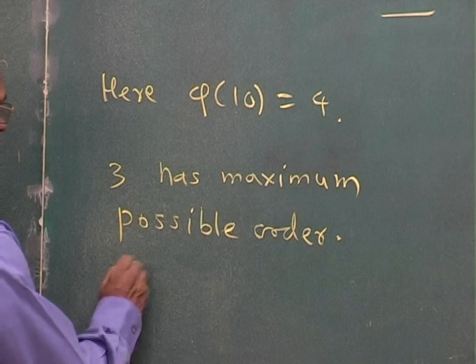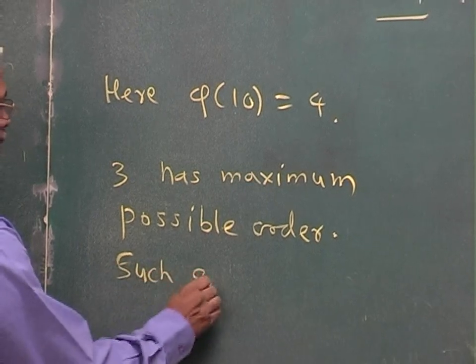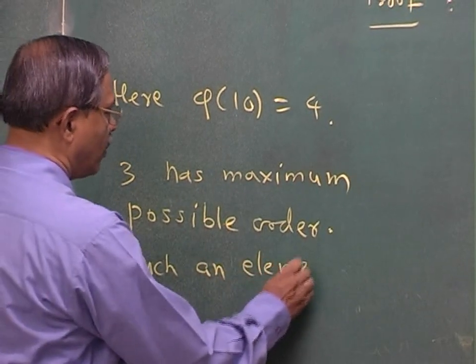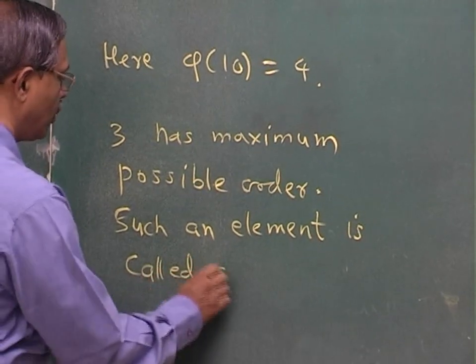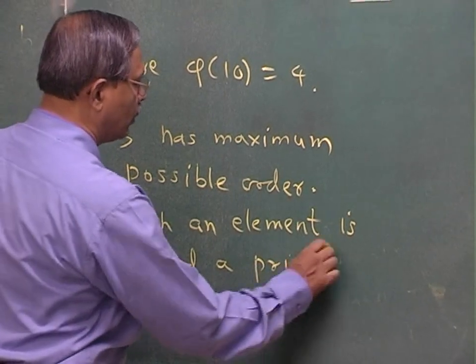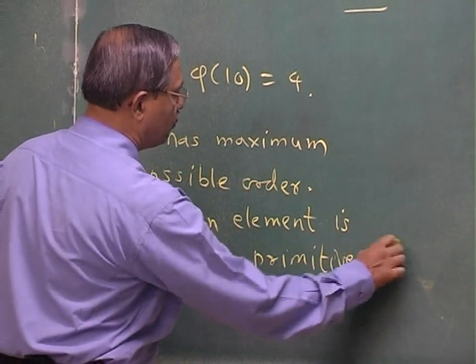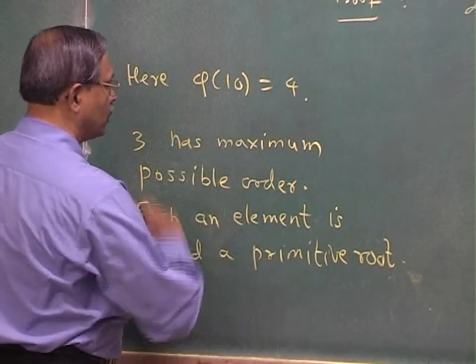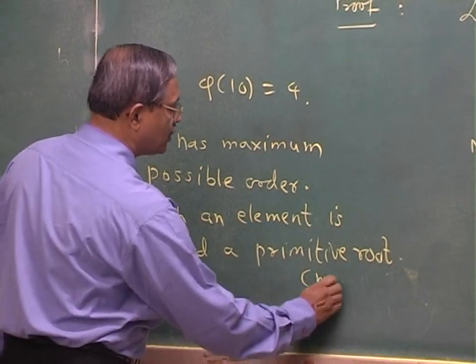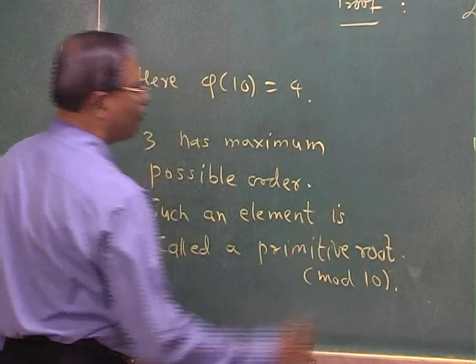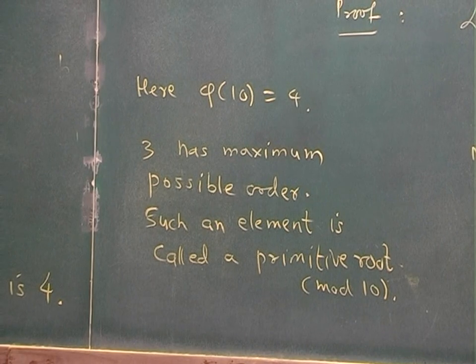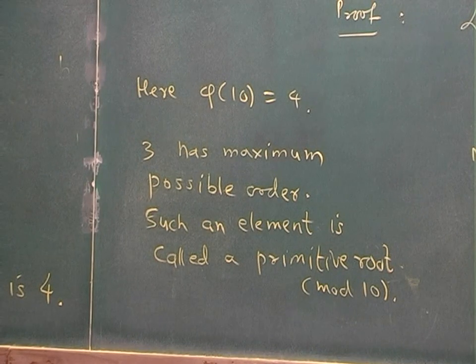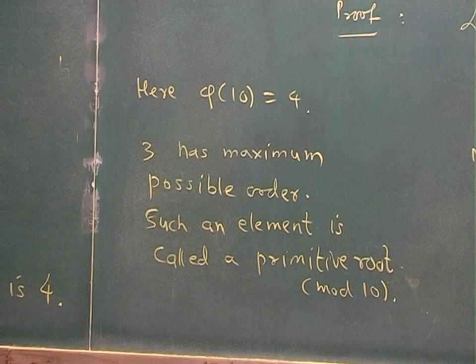Such an element is called a primitive root for the given modulus, for the modulus 10. In general, for m, an element of order phi m will be called a primitive root mod m, provided such an element exists.